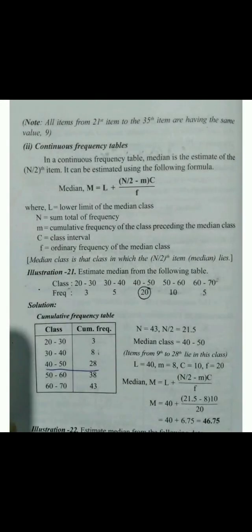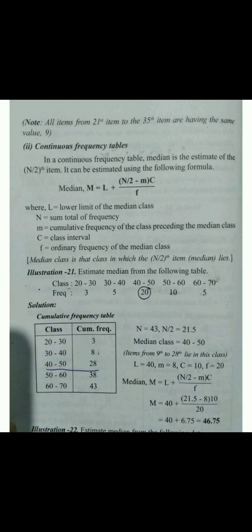Okay, next we have to find the median from a continuous frequency table. Here we use another formula, M is equal to L plus ((n by 2 minus m) by f) into c. You have to learn this formula, which is very important from the exam point of view.